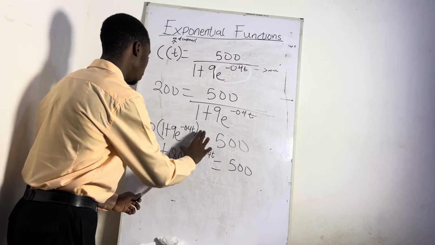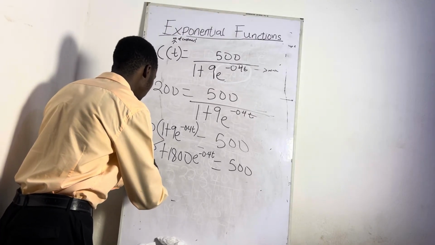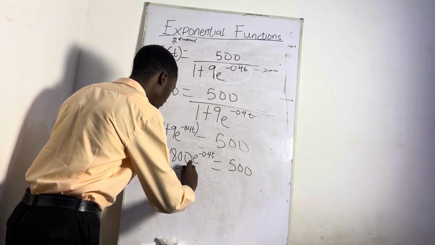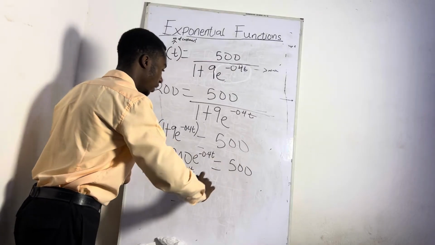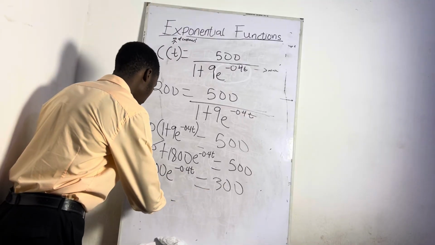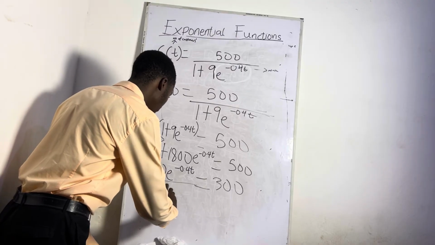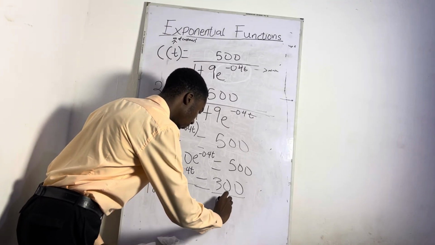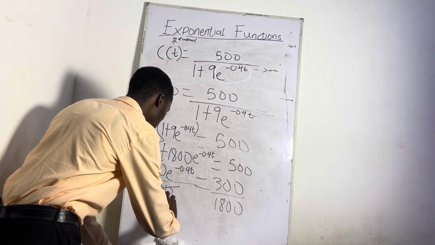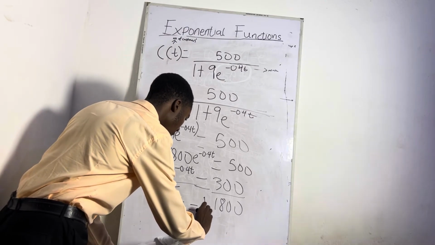So 200 cancels 200 here, and there will be 1,800 e exponent negative 0.4t is equal to 500 minus 200, which is 300. Now we can divide both sides by 1,800 to make e exponent negative 0.4t stand alone. So this will cancel this, and we are getting e exponent negative 0.4t equals 300 over 1,800. That should be 1 over 6.